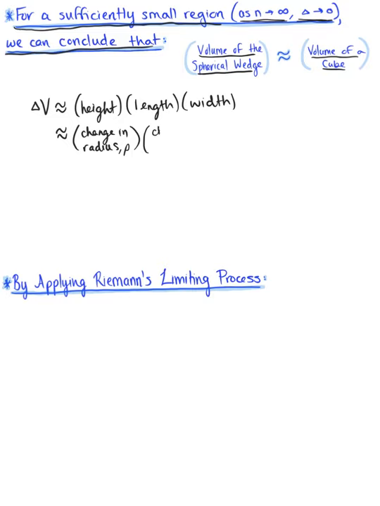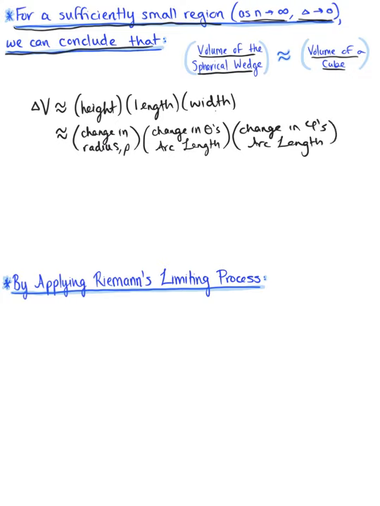So that's going to be the change in theta's arc length, or the change in going around. And last but not least, this is multiplied by the width. So the width is going to be the change in phi's arc length, or the change in going out.